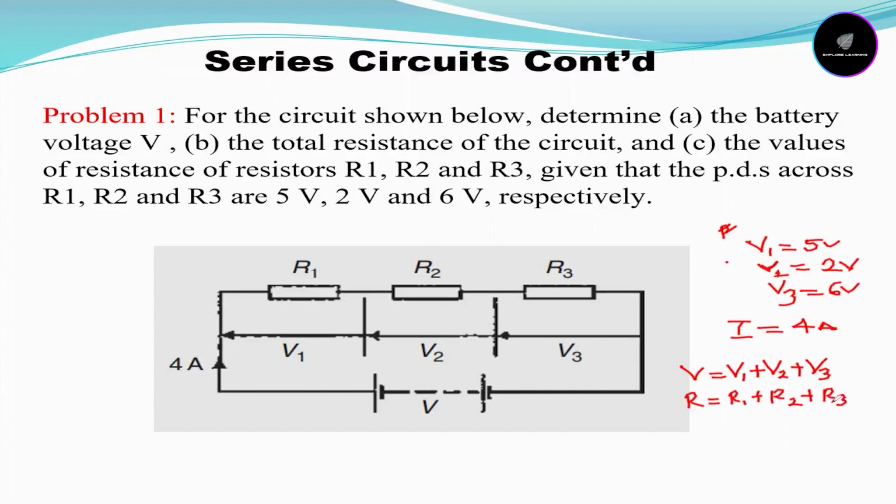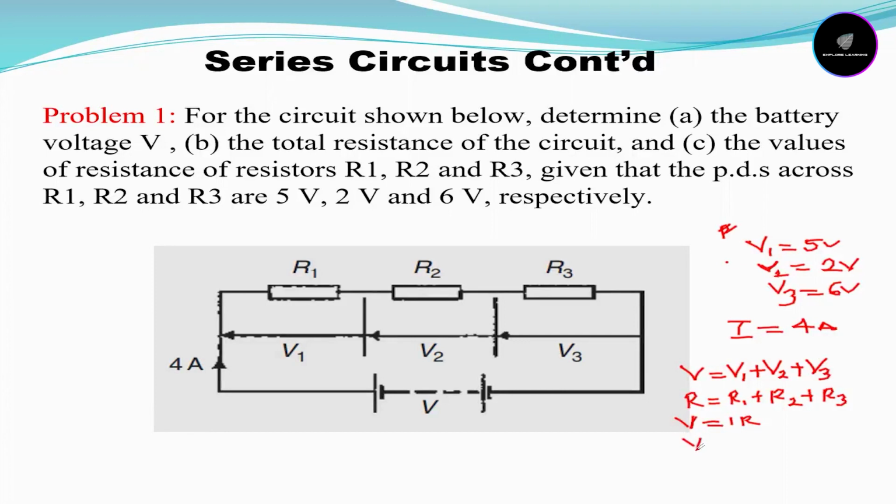So in this case, all we need to do is to use the formula, which is V equal to IR. We can calculate the total voltage because each of these voltage drops has been given to us. So we need to get the total voltage.